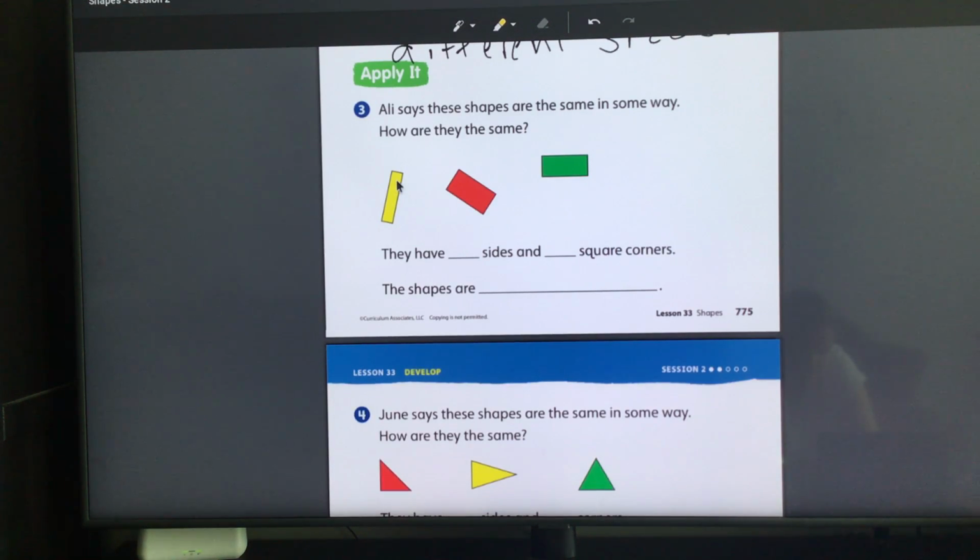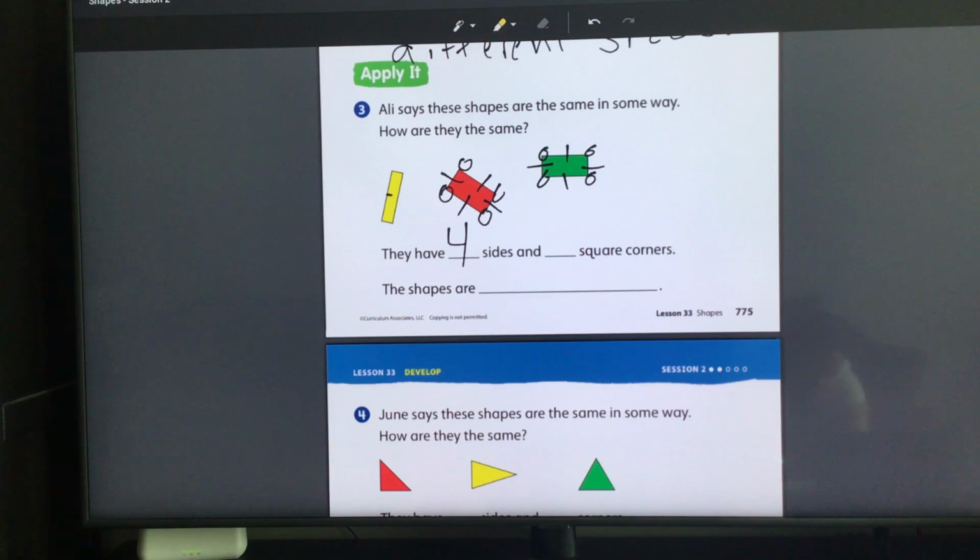It's a little tricky for me to count these yellow ones on here because that one's so narrow. So I'm going to count the red. Okay, it has 1, 2, 3, 4 sides. So they have 4 sides. And 1, 2, 3, 4 corners. This one has 1, 2, 3, 4 sides and 1, 2, 3, 4 corners.